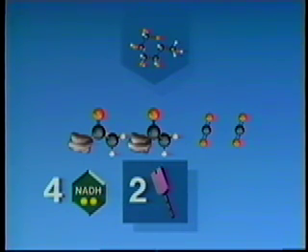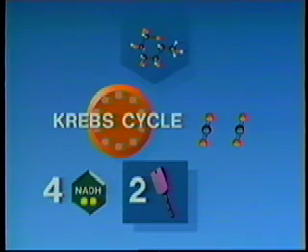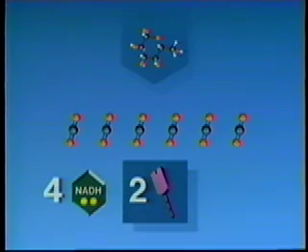Since 2 acetyl-CoAs are engaged in the Krebs cycle, think of the cycle turning twice. We'll add the final products: 6 CO2, 10 NADH, 2 FADH2, and 4 ATP molecules.